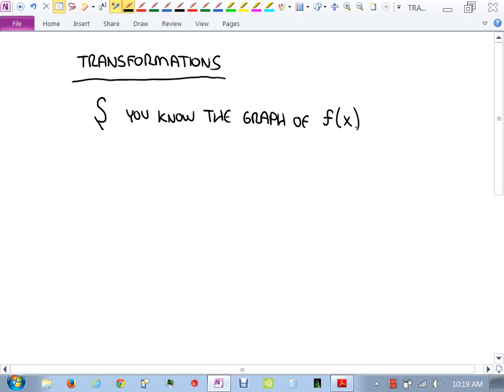So all that's saying is, hey, let's just pretend that you know what this function f looks like. I'm not telling you what it is. When you draw it on a piece of paper, you know exactly what it looks like. Then, here's the result.